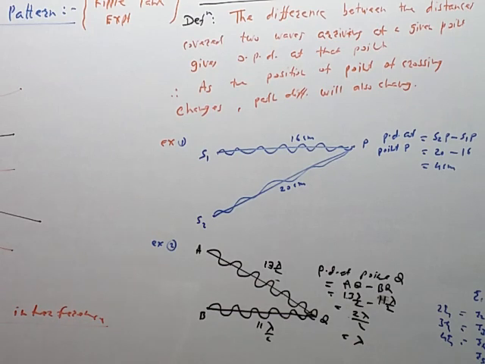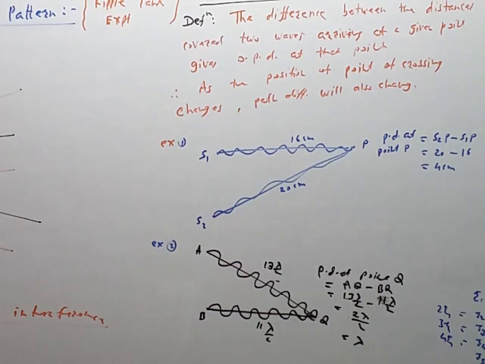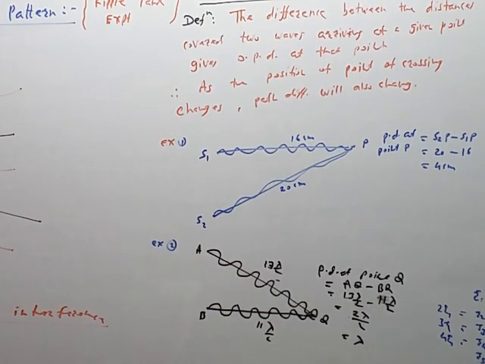This is case number E. So we will consider this point. Let this point be denoted by P1. So path difference at point P1 is equal to: one wave will come from source A, so AP1, and the second wave will come from source B, BP1.